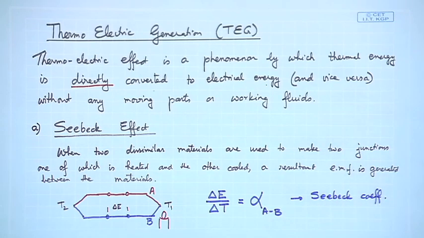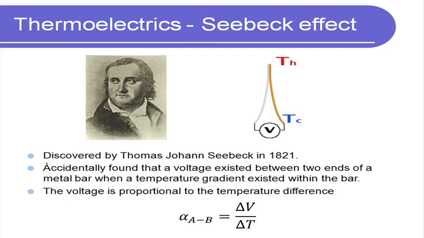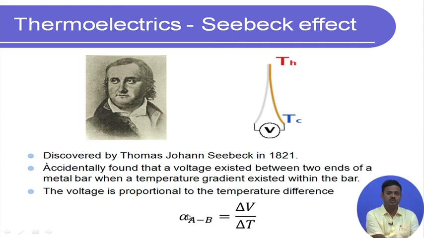So, the same thing is shown in the slide over here. Alpha AB, where alpha is often used to denote the Seebeck coefficient, from A to B, is the proportionality constant that relates the amount of voltage or EMF that we are going to create to a temperature difference delta T, clear. So, this is the Seebeck effect.